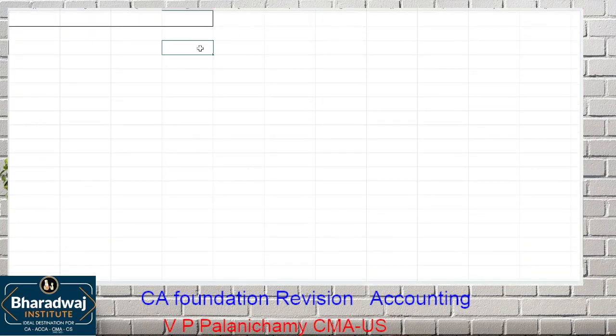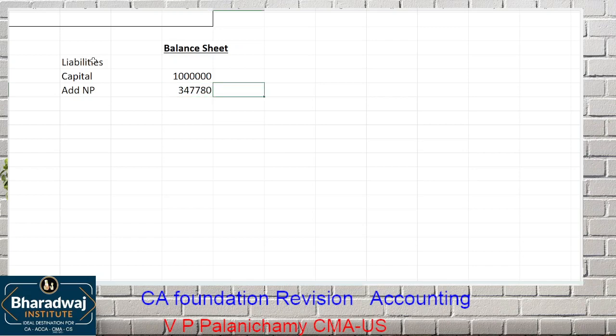Can you tell me the answer for balance sheet? The last question order. 86. Okay. Tell me the things. Liability side. Capital account, how much? 10 lakhs plus net profit. 780. Drawings.